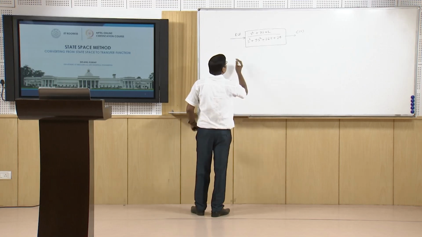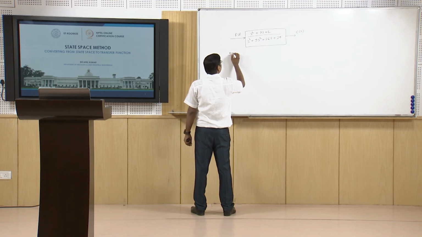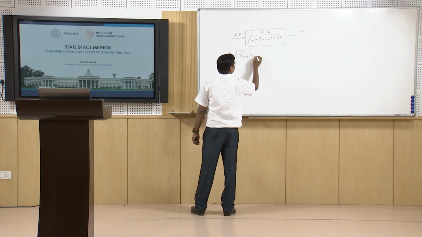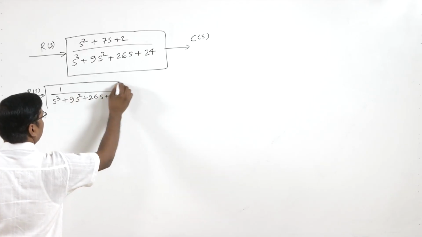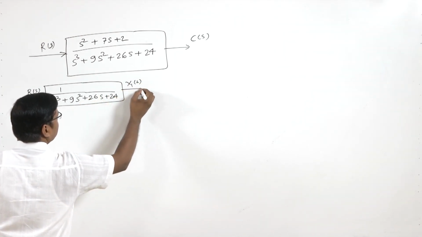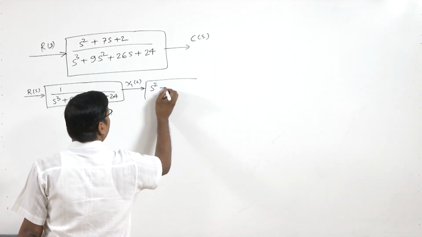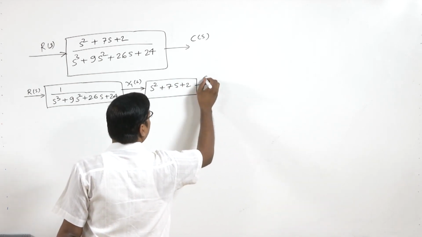So we can represent this as R(s), then one upon s cube plus 9s square plus 26s plus 24, and this is X1(s), and there is a second block, that is s square plus 7s plus 2, and this is C(s).